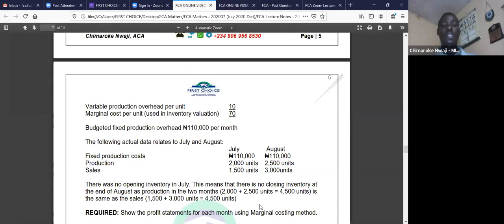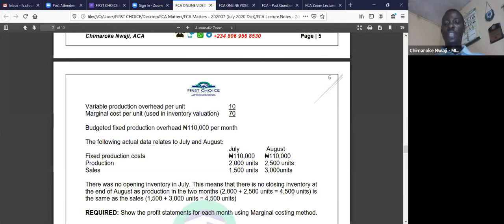Also, there is no closing inventory in August. This also can be seen here. How do we know that there is no closing inventory in August? Look at this production of 2,000 here. Add it to this 2,500.